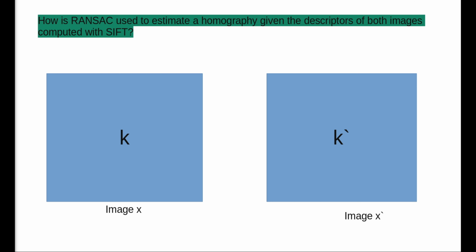Then we apply RANSAC. In RANSAC, we randomly pick 4 good matches, compute a homography from these 4, and test how good this homography is by checking how many of the good matches are consistent with the homography. That is, if k and k dash are good matches, we are hoping that in most cases the homography will map k to something near k dash.